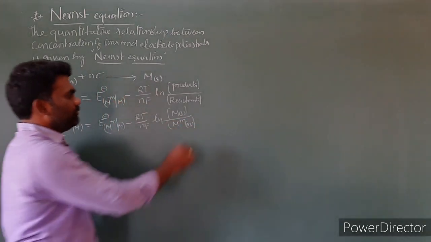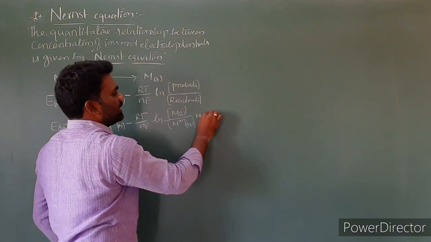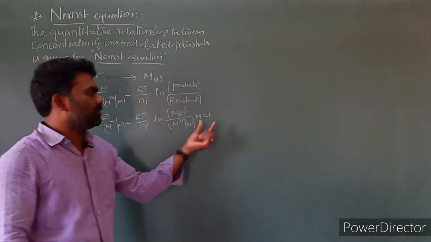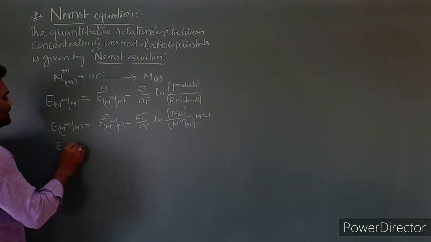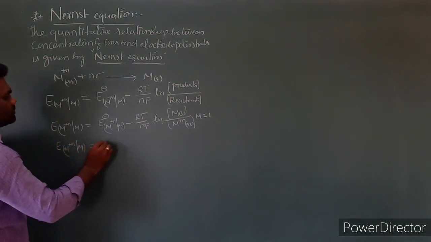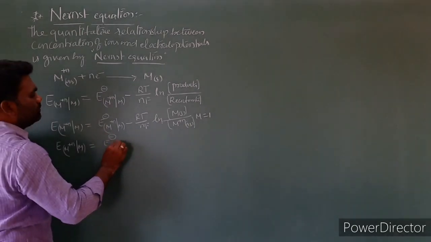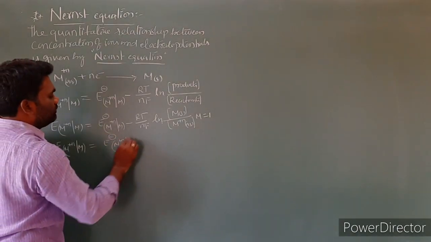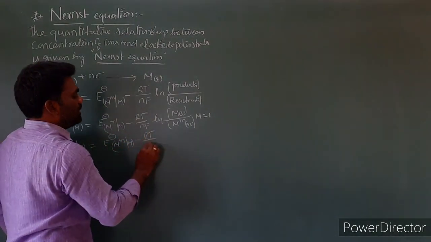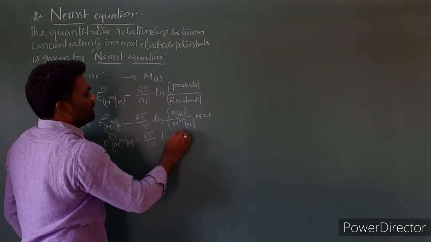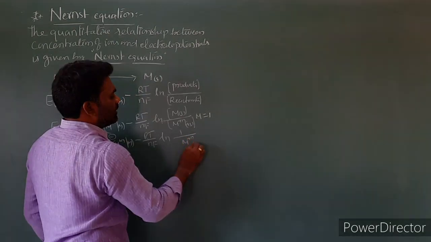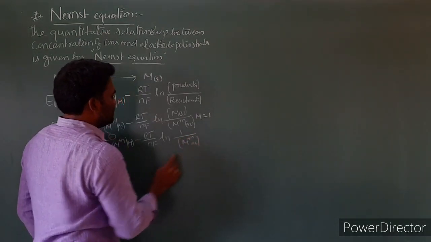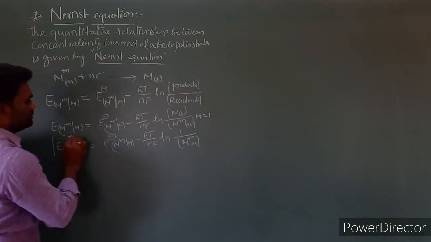Clear. For solids, the concentration is taken as unity, so M is equal to 1. Then the equation can be rearranged as E of M^n+/M equals E° of M^n+/M minus RT/nF ln of 1 by M^n+ aqueous. So this is the equation we have to use.